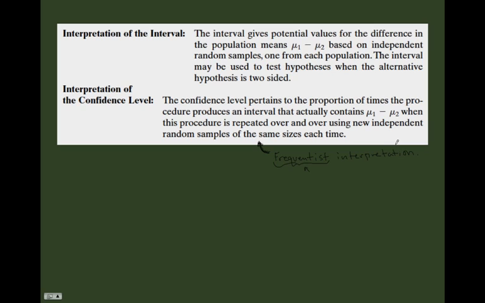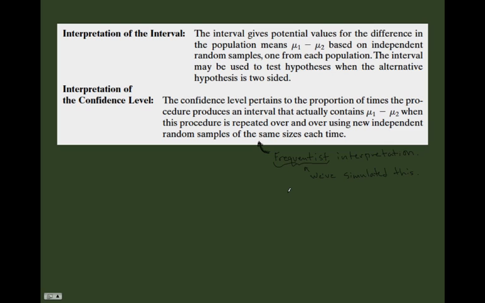This is the simulation stuff that we've done. I've done simulations, and we have an activity on these simulations to look at this frequentist interpretation. So the confidence level is the proportion of times.